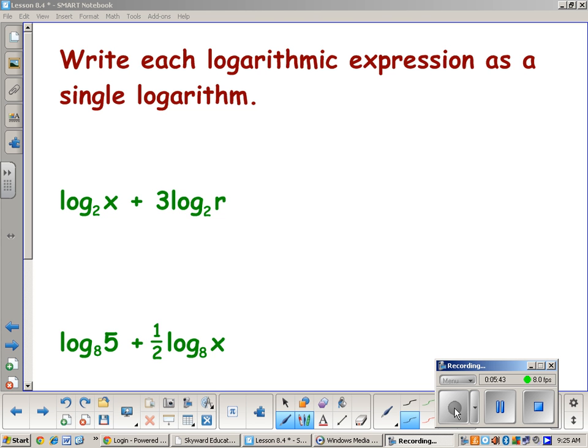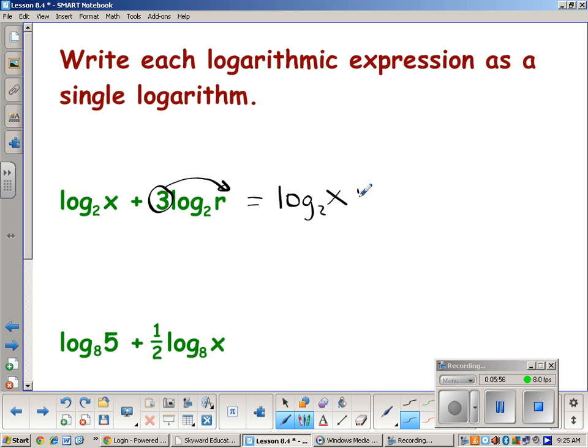Matt? Take the 3 and put it as an exponent. Yeah. So you're saying, and I'm pretty sure that's where Megan was going, let's move this 3 back inside. So we get log base 2 of x plus log base 2 of r cubed. Right. Luther, what do you think?